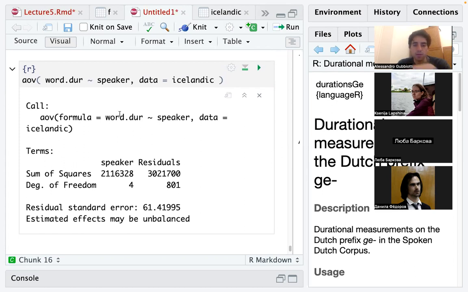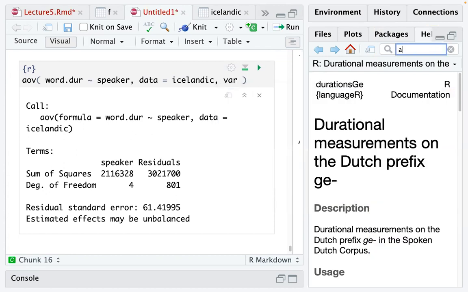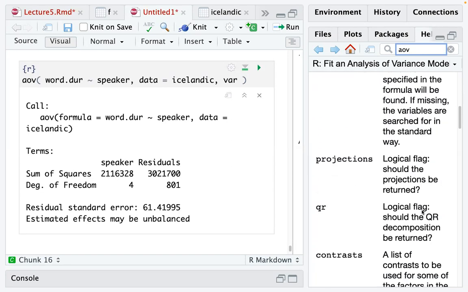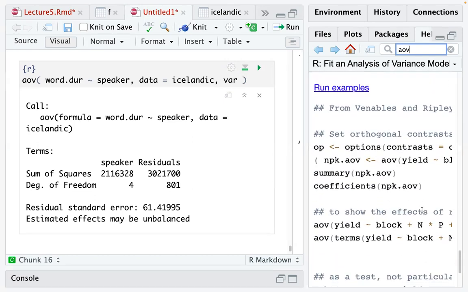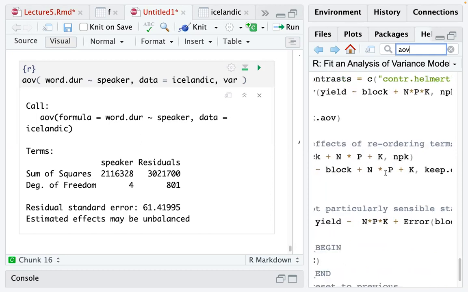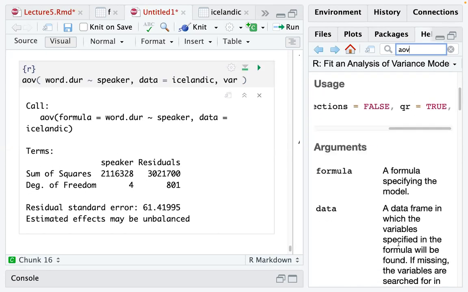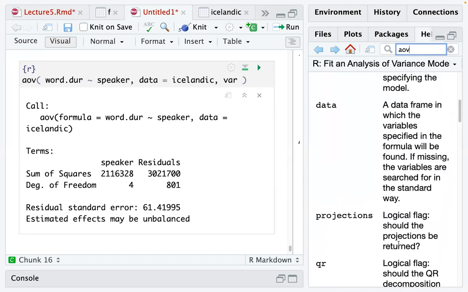Let me add something here. I want to add an option which makes the standard deviation, maybe it was like pooled.